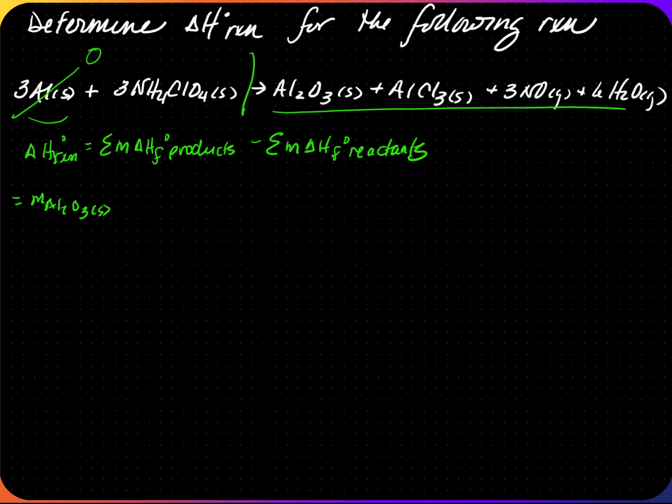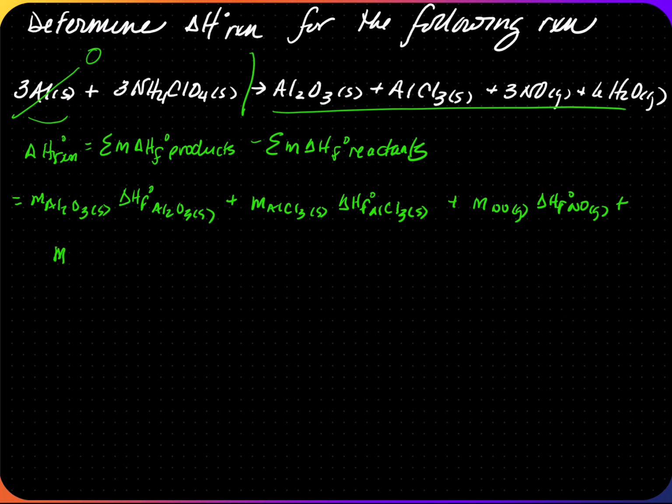So here my equation is going to be the moles of Al2O3 solid times delta HF naught of Al2O3 solid, plus the moles of AlCl3 solid times delta HF naught of AlCl3 solid, plus the moles of NO gas times delta HF naught of NO gas, plus the moles of H2O gas times delta HF naught of H2O gas.